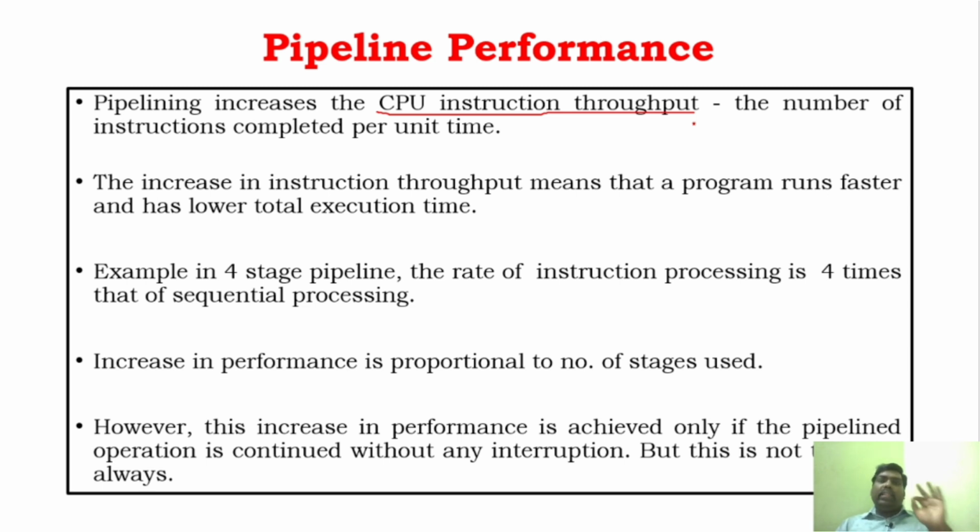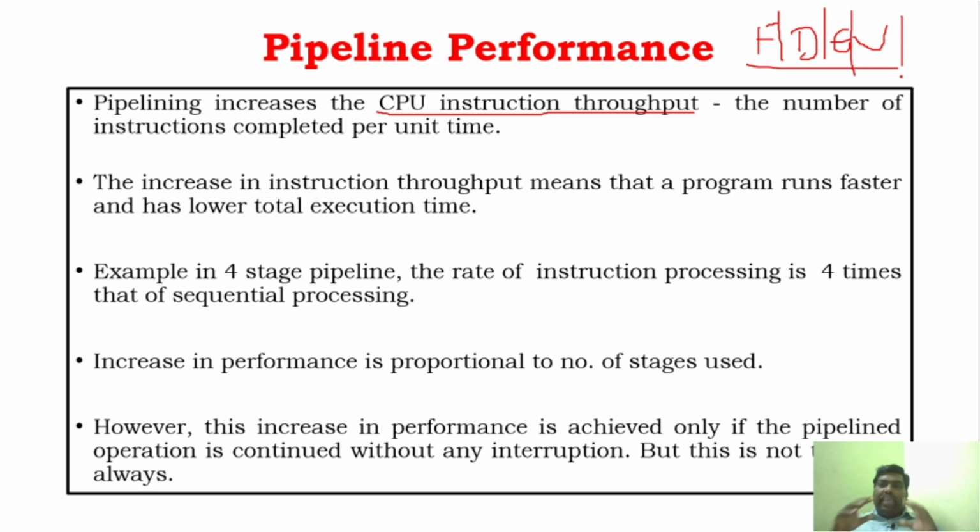One thing is very important. We know that there will be 4 stages: fetch, decode, execute, and write. All the stages have to be completed within a particular clock period. The pipelining concept will be very effective only if all the stages complete their operation within the given time.